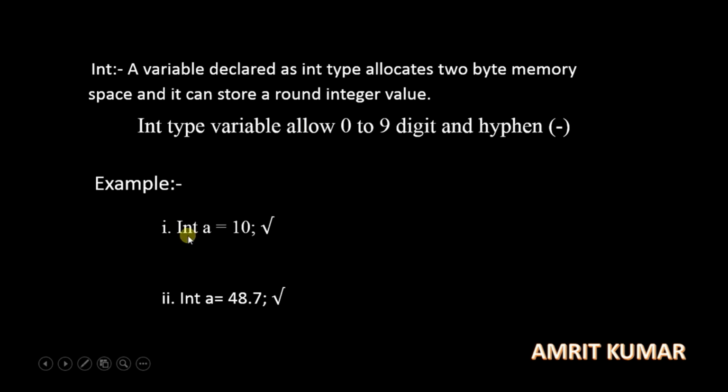So int is going to be built into the RAM and it allocates memory of size 2 bytes. Another example: a is a variable of type integer whose size is 2 bytes. It will also allocate memory in that space and it will contain 48.7, which is also a right value.